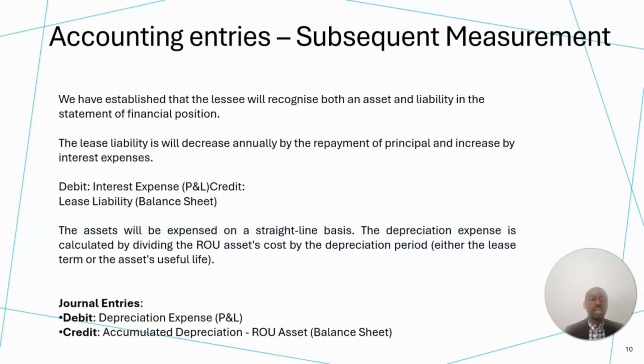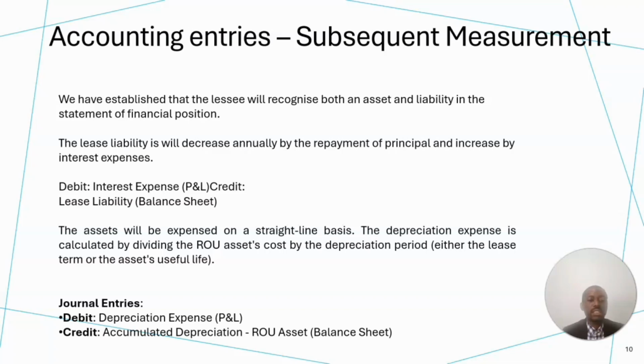So you debit interest expenses the moment you are paying for the lease, and also you credit your bank. The lease liability also is debited to reduce it, and bank is credited.